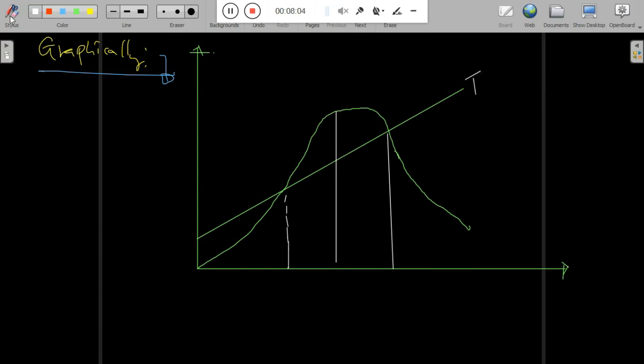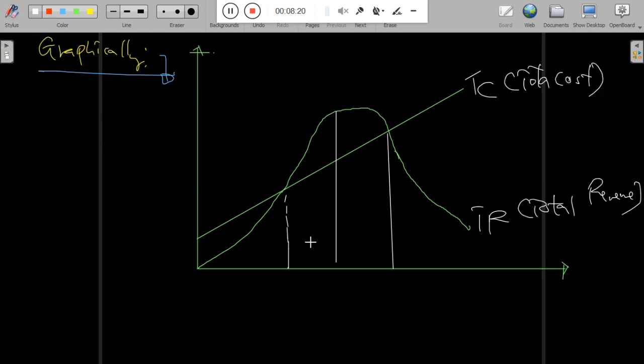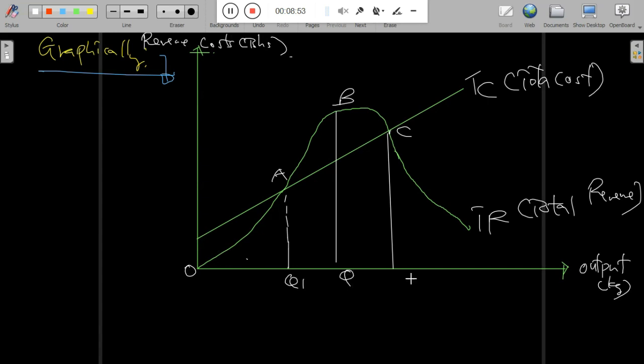On the left hand side, we will try to draw the total revenue and total cost curves. So we have the total cost, and we have the quantity that is cut across at the middle point A, and we have other lines over there, as you can observe.